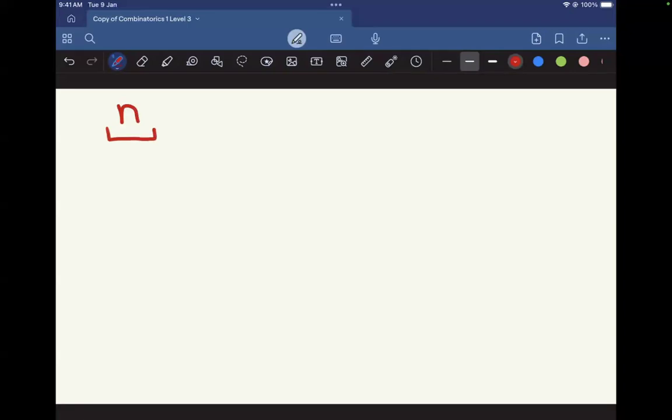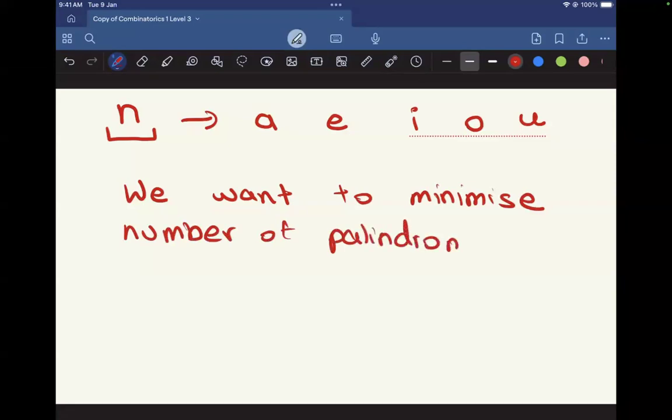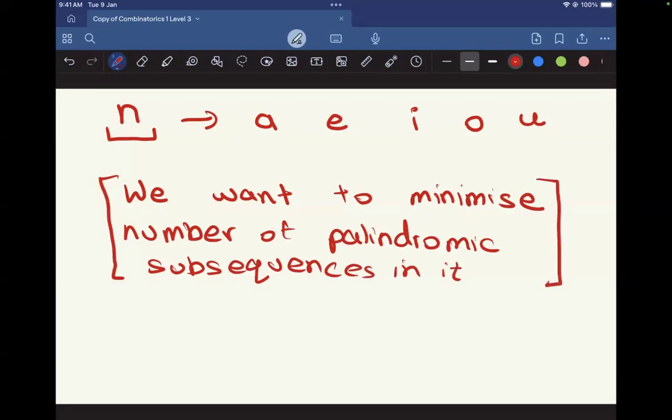And this string of size n should only consist of A, E, I, O, and U. Now, whatever string we do generate, we want to minimize the number of palindromic subsequences in it. Okay, guys, this is what the problem statement says.